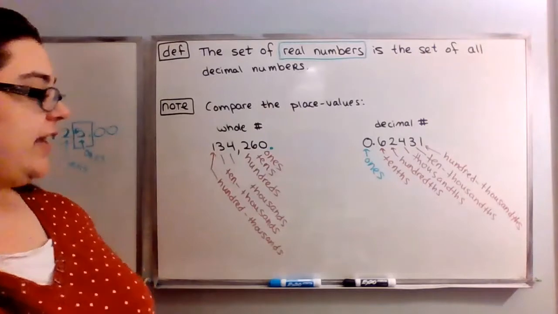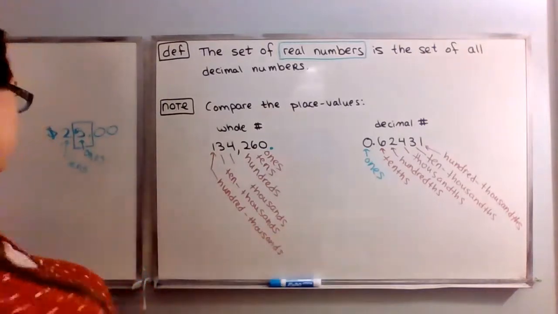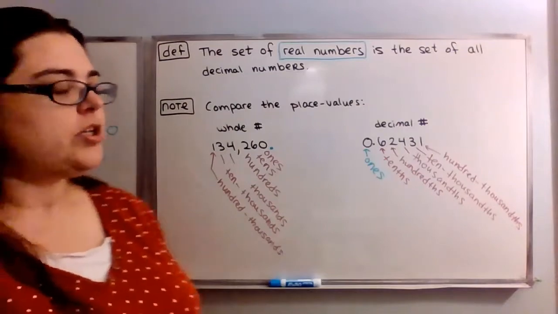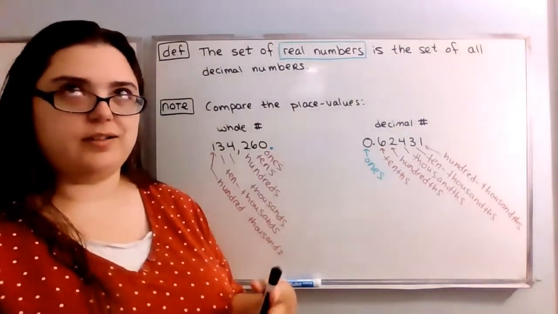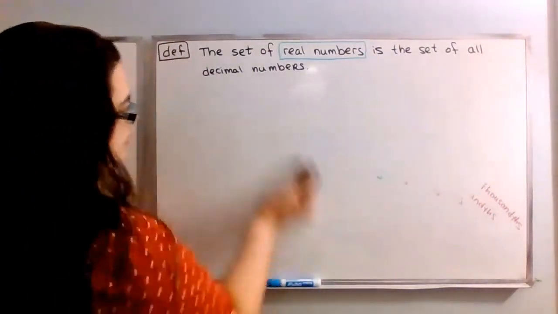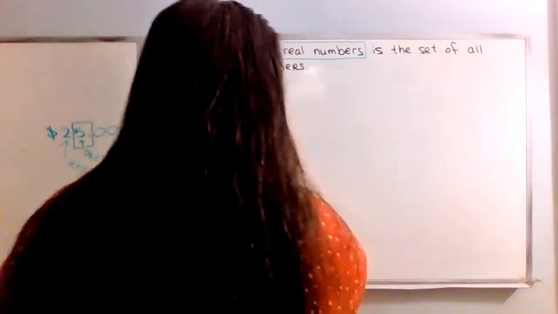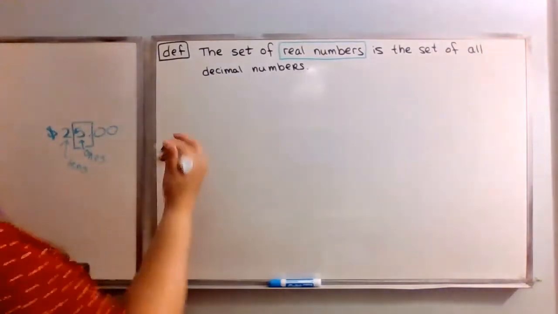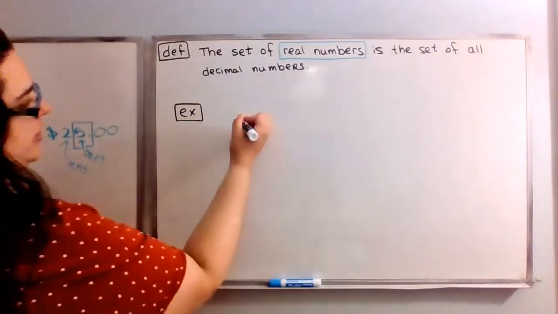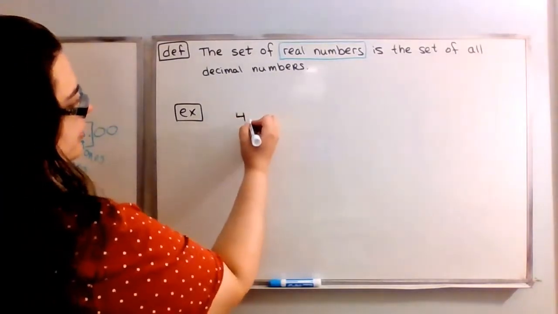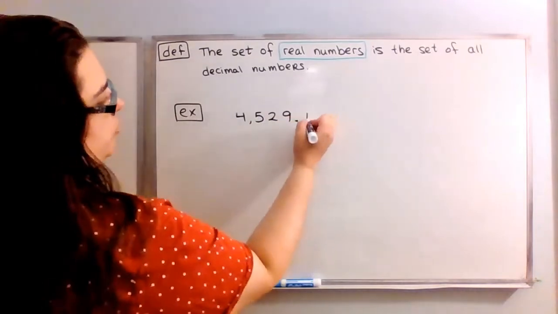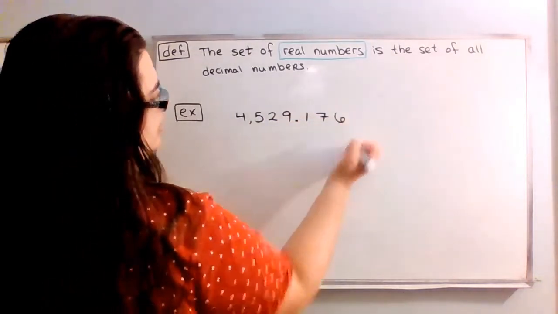So let's look at a real quick example of a combined whole number and decimal number, so we can orient ourselves and get a sense of these place values. So let's say we had something like 4529.176.